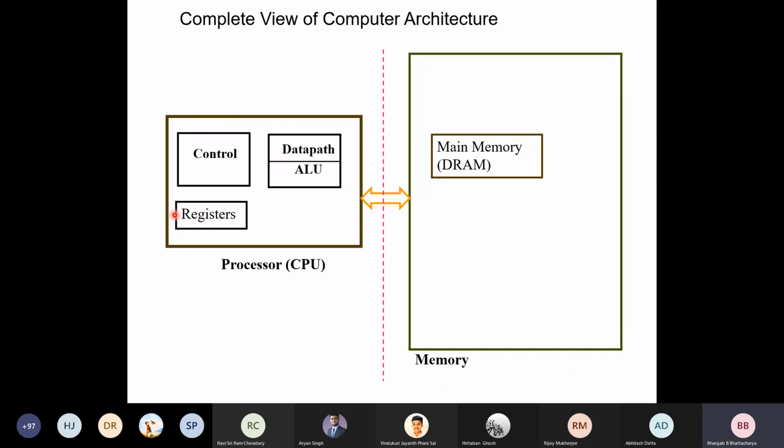The registers can also be thought of as some memory, but registers are essentially flip-flops. That means cross-coupled NAND gates or NOR gates with some additional logic. So that's why register access is much faster, but it is costly.